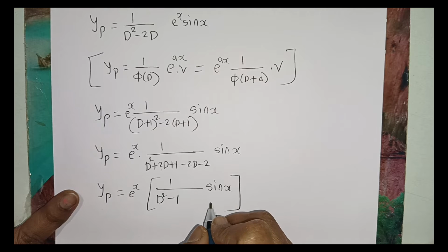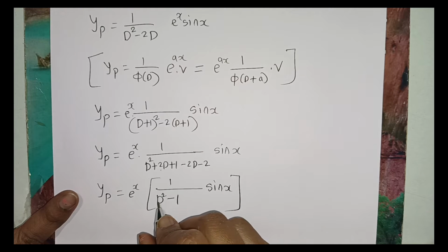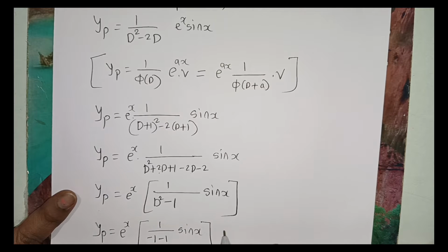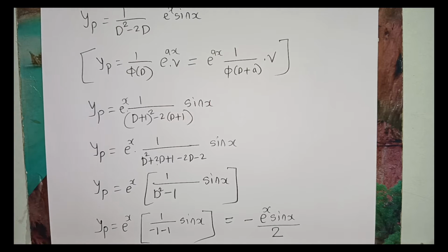Now this is the case of sin(ax+b). If you have sin(ax+b) on the right-hand side, then we replace D² by minus 1. So yp equals e^x into 1 by (minus 1 minus 1) sin x. The final yp is minus e^x sin x divided by 2. This is your answer.